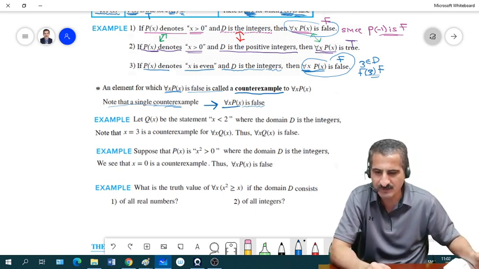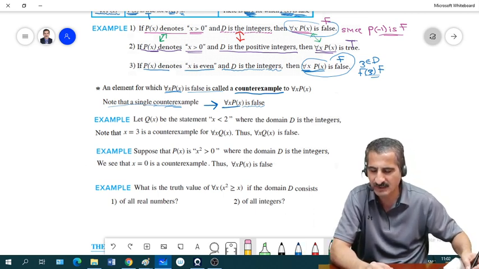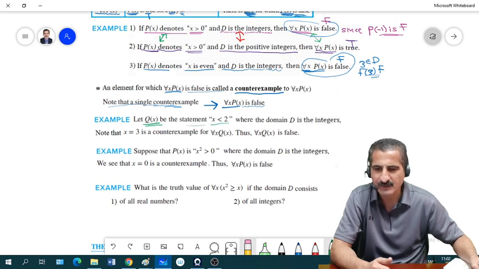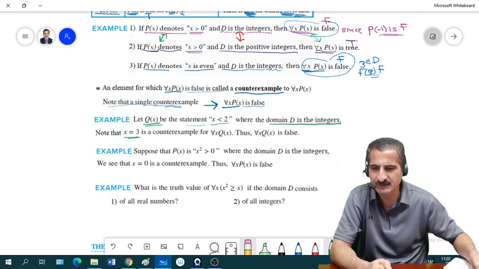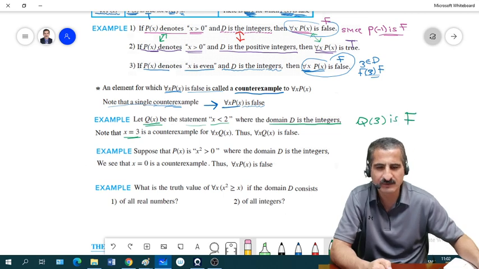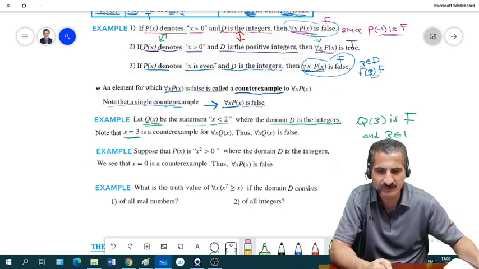Now we will see an example for a counterexample. Let q of x be the statement that x is less than 2. The domain here is the integers. Okay, now note that x equals 3. Note that q of 3 is false, and 3 belongs to the domain.